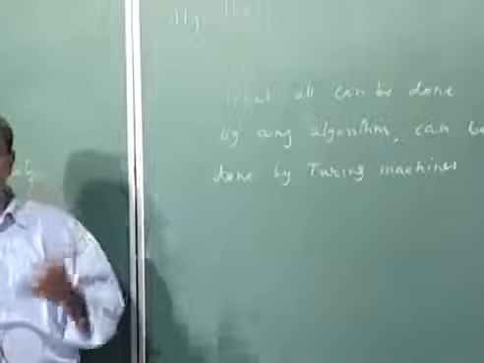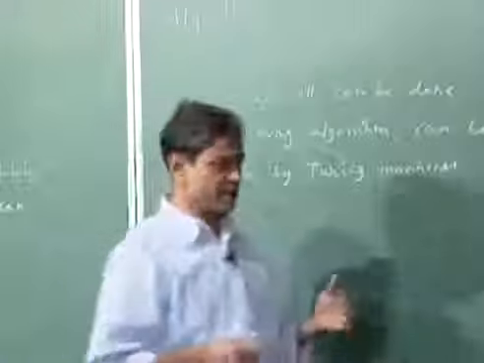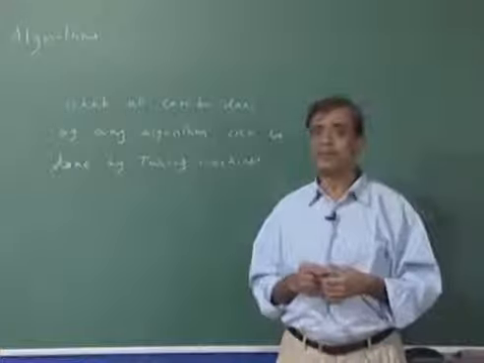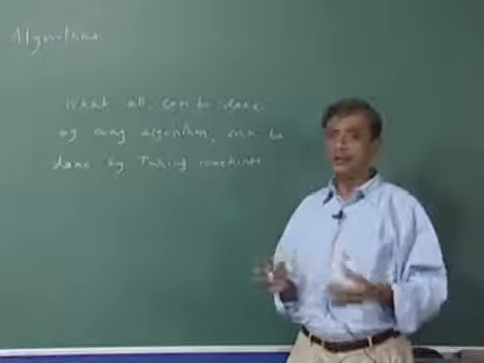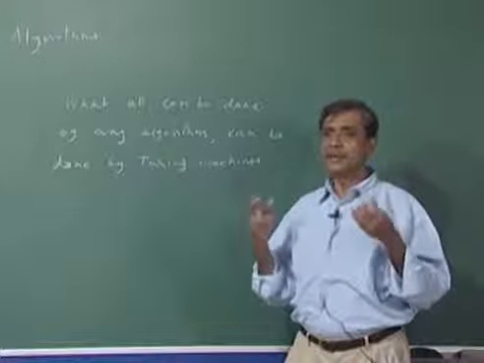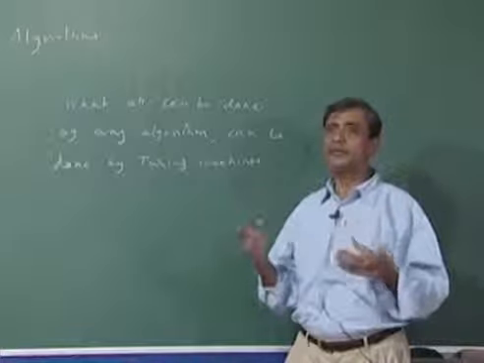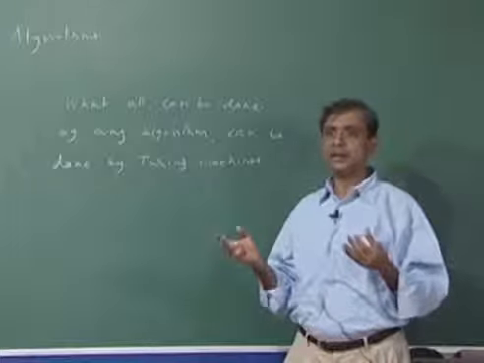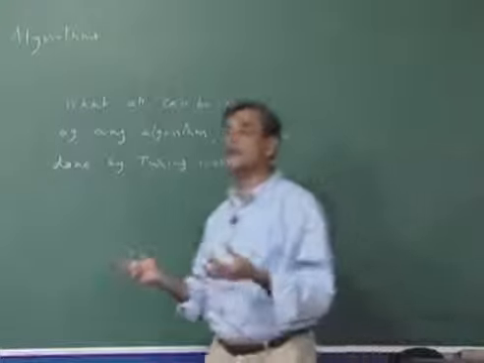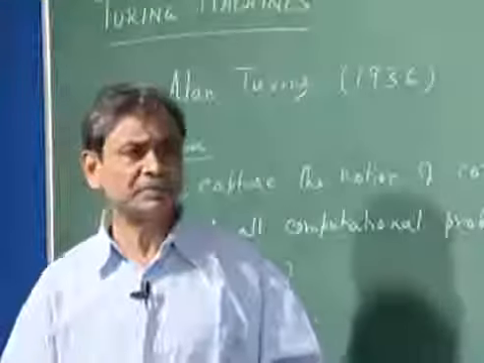Because much before anything like digital computers were there to implement algorithms, we of course had algorithms. For example, way back in 300 BC, Euclid provided his famous Euclid's algorithm to compute the GCD of two numbers.